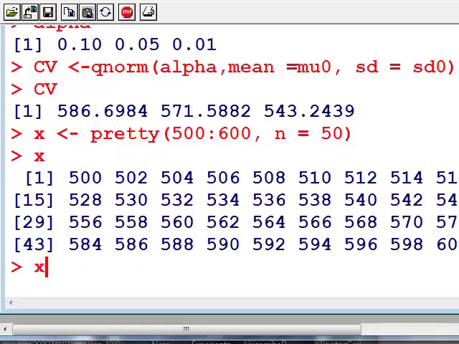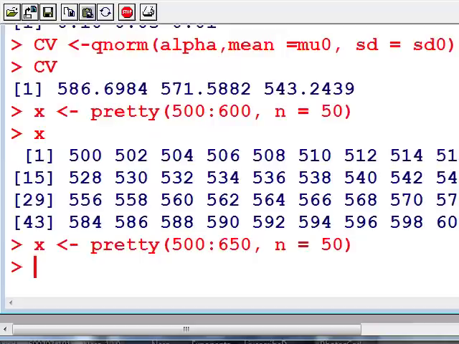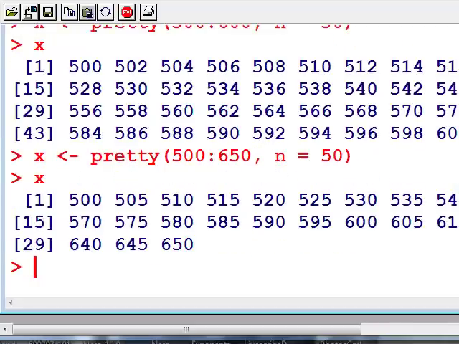How do I fix it up? I just go backwards till I get the command I want, and we'll just go 650. Okay, and let's look again. Yes, you see it pulled it all over to 650, although it seems like it didn't give me so many values, and that's R working, but I think we'll be okay.